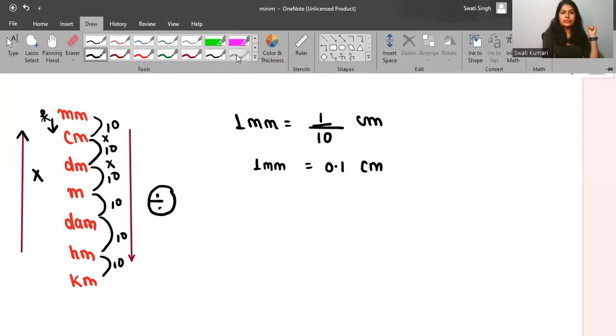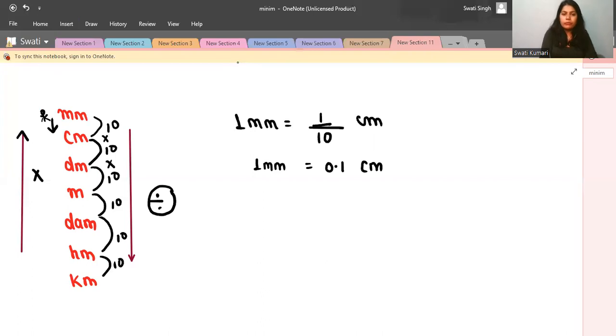Now let us take another example. Let us understand how we can solve 1 millimeter is equal to how many meter. If you are going from millimeter to meter, you are going like this: 10, 100, because you have to multiply, and then 100 into 10 is 1000.